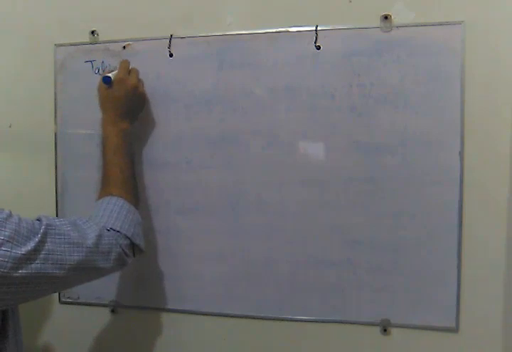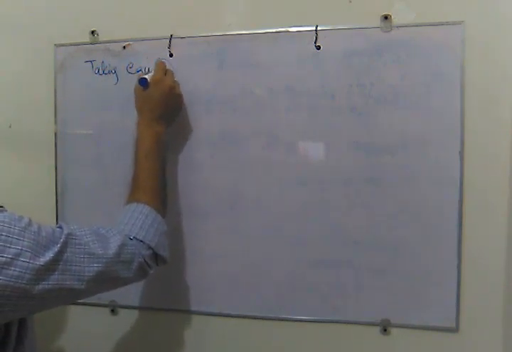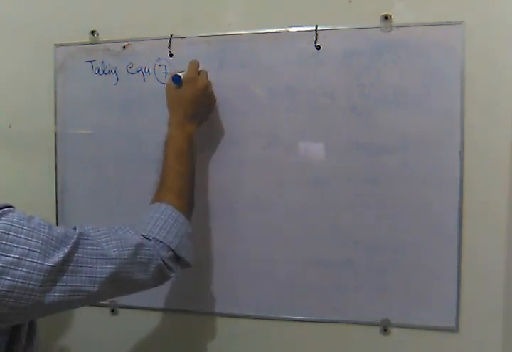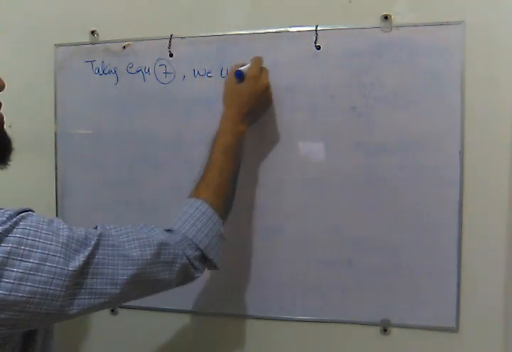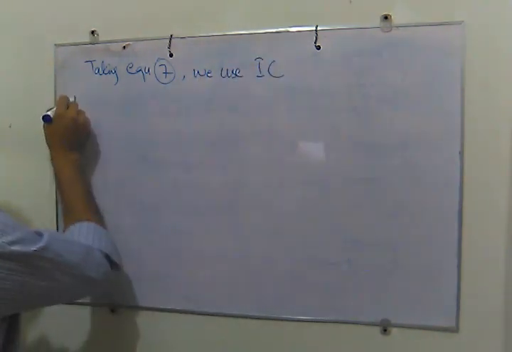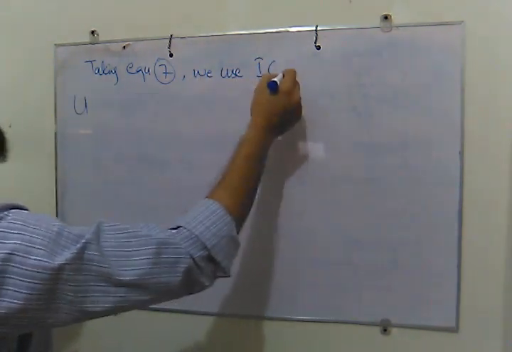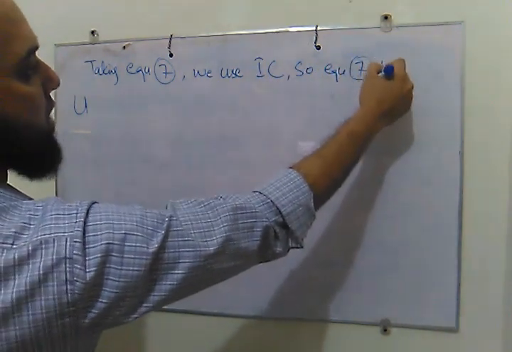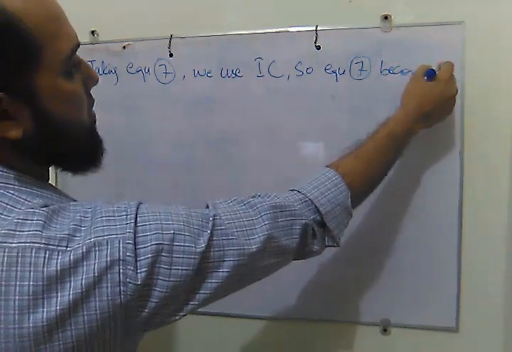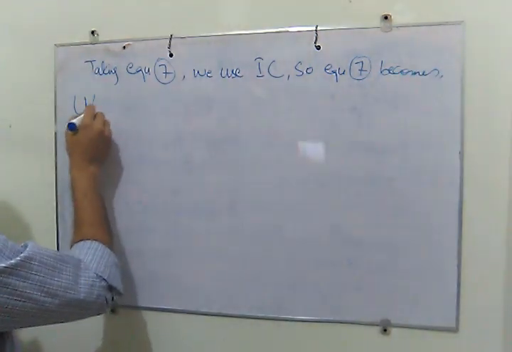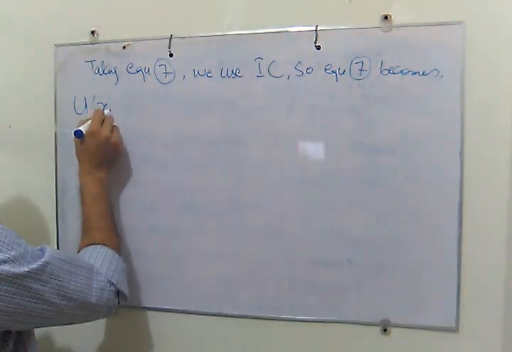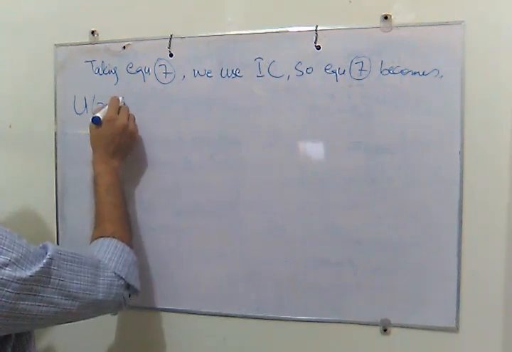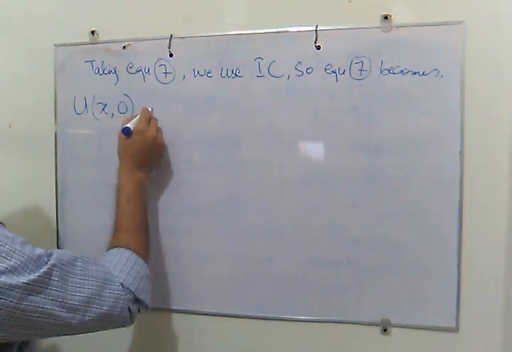So taking equation 7, we use the initial condition. So equation 7 becomes, it was x and t, but t is equal to 0 for the initial condition, so we put t equal to 0 here.